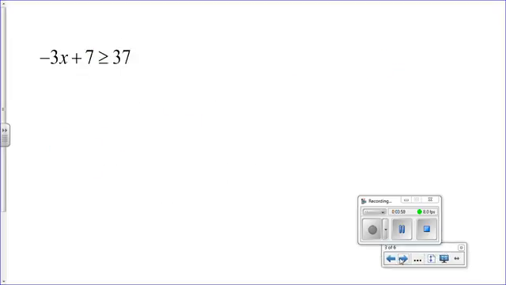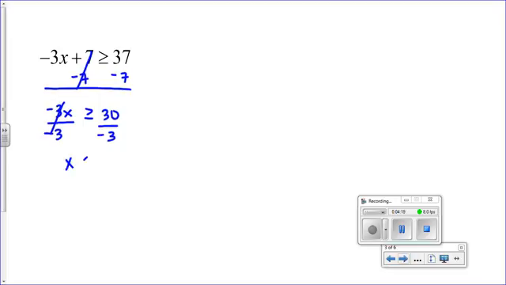Okay, so we'll solve just like normal. So subtract 7. That's 30. Divide by negative 3. And so I get x is less than or equal to, flip your sign, we divided by a negative, negative 10.